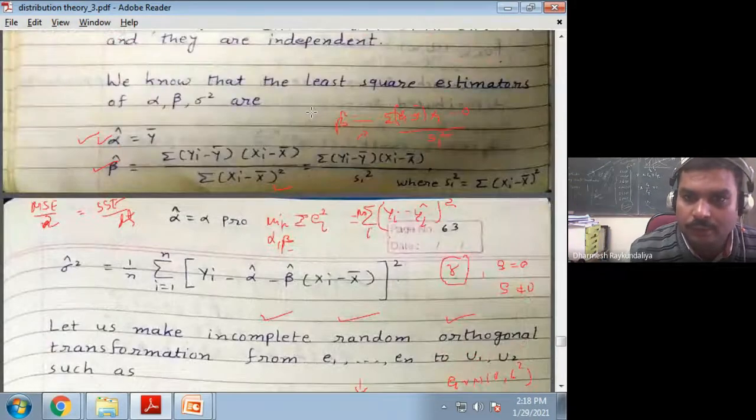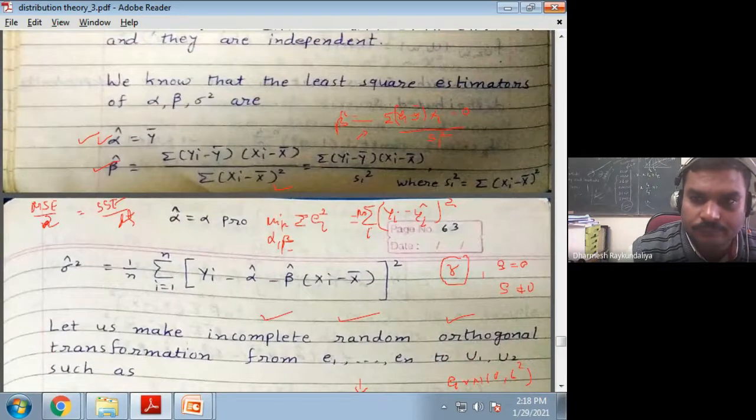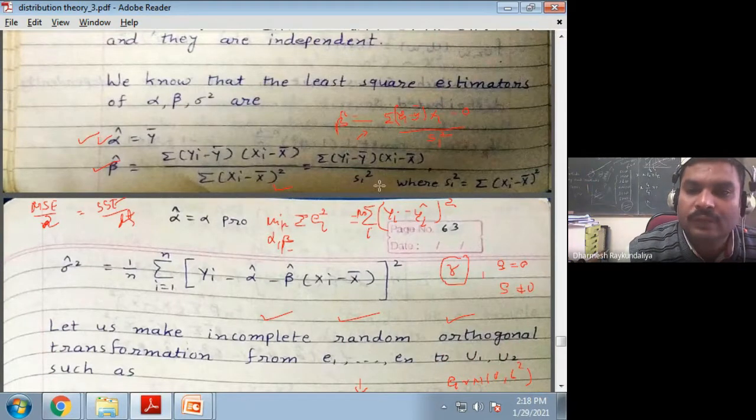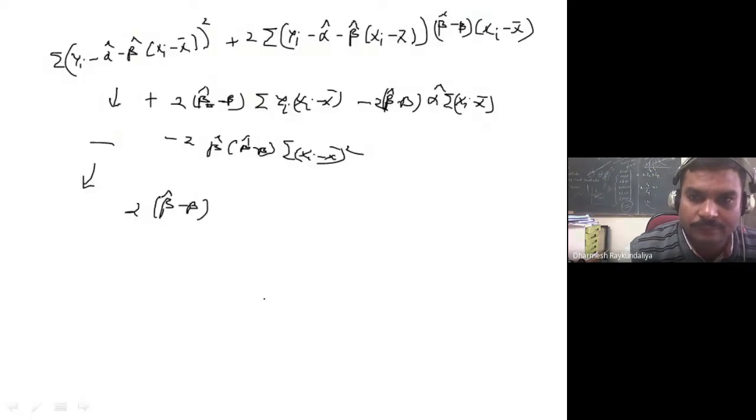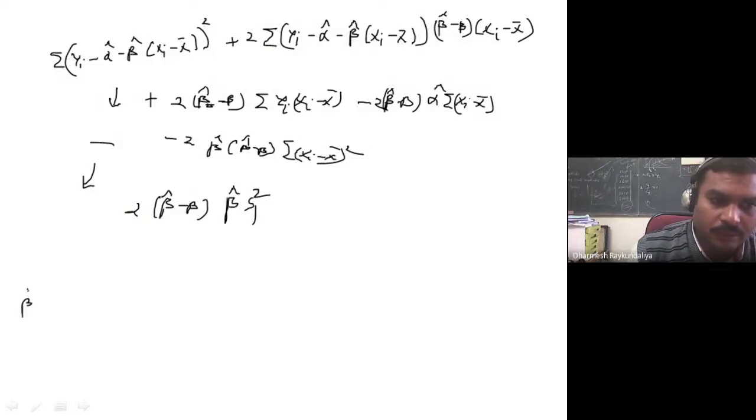You can write this. So this is nothing but the beta cap S1 square, from this. So it is twice of this beta cap S1 square. Why? Because beta cap equals summation yi into xi minus x bar upon S1 square.